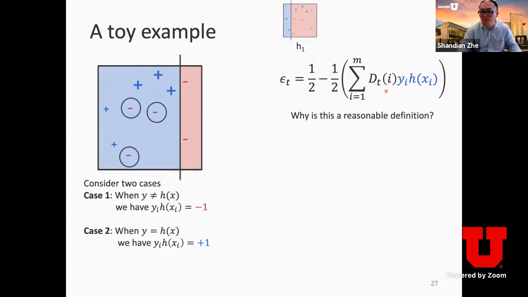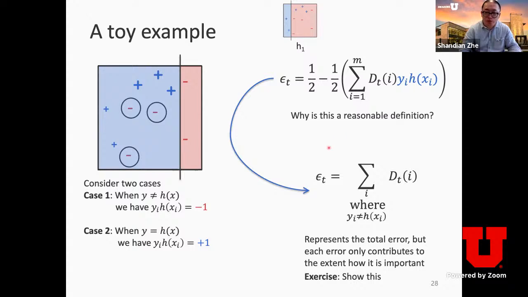So after adding half of the weight for those incorrectly predicted examples, if you combine them together, you can derive that epsilon t is actually the summation of the weights of all the incorrectly predicted training examples. So now this is much more reasonable, right? This is weighted error. We just look at which examples are misclassified and add up their weights. This is weighted error.